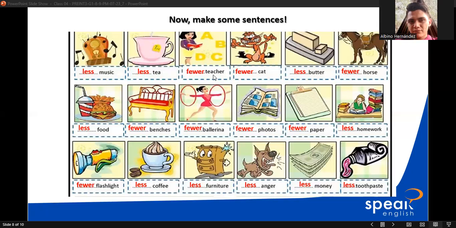There is furniture than appliances. Only furniture or less furniture? Less furniture. Excellent. There is less furniture than appliances. Perfect. Excellent example. David?